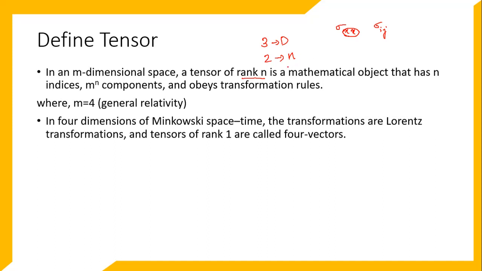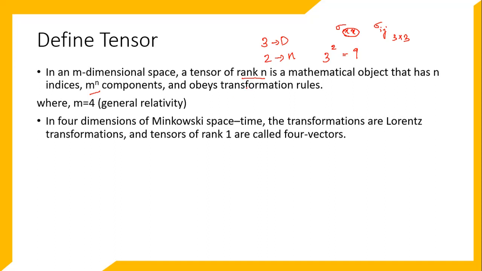In that case, we have m to the power n components. Here it is 3 to the power 2 components, that is 9 components. This is true because we had a 3 by 3 matrix. So we had 9 components, and it has to obey the transformation rules. We will come to transformation rules later.